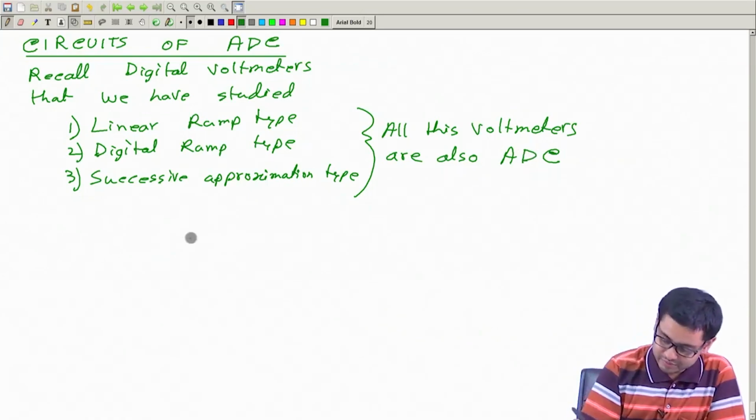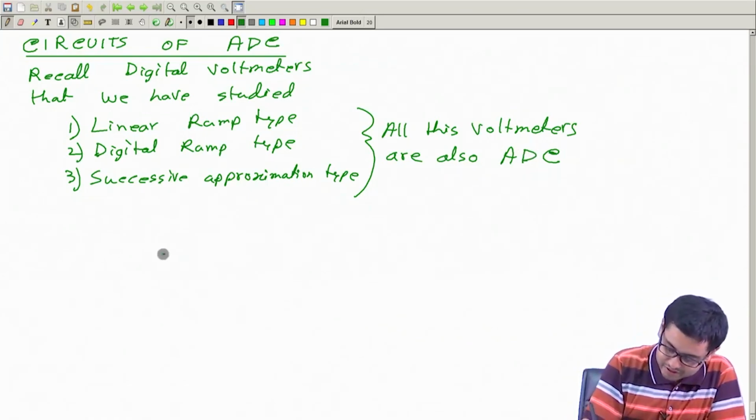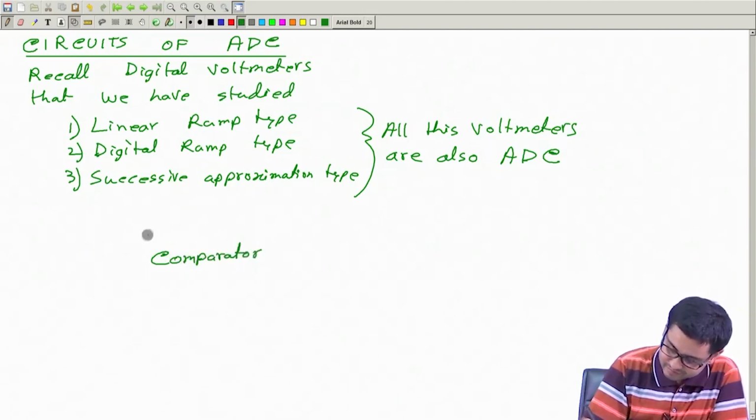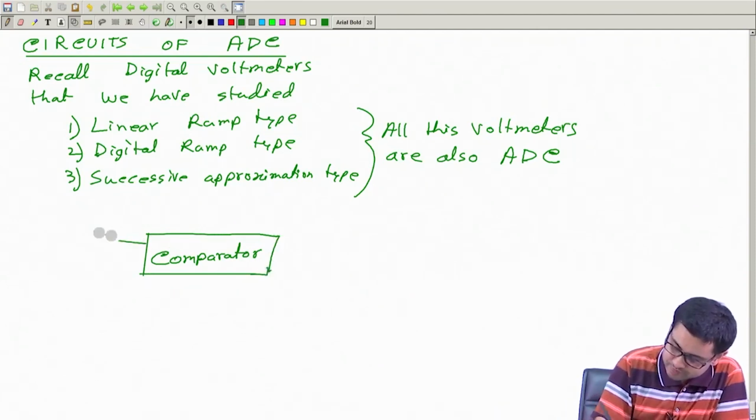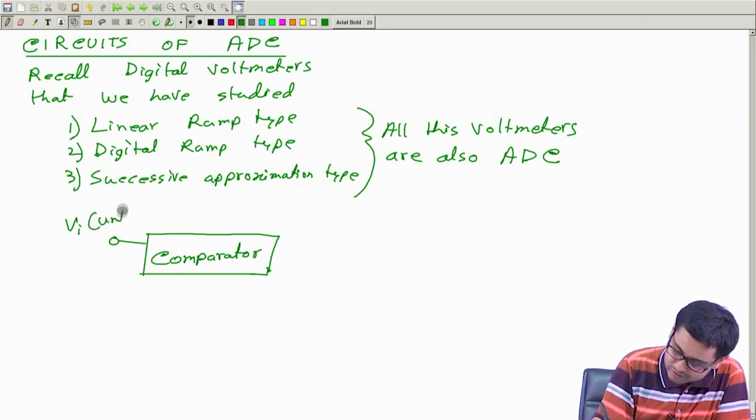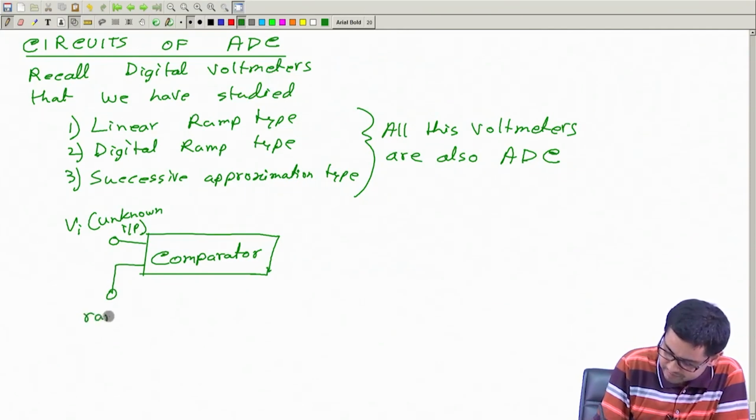Why? Because essentially what we have is a comparator which takes two inputs. Vi is the unknown input, and here is the ramp voltage.